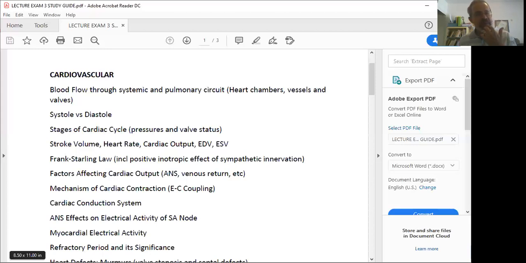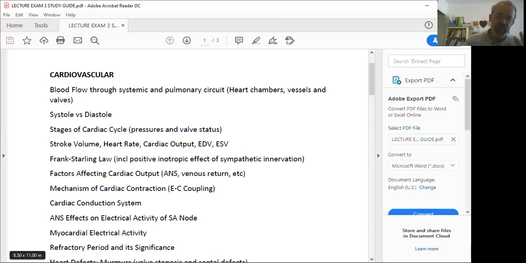I mentioned the pacemaker cells, which start the contraction of the heart. This is a part of a much larger group called the cardiac conduction system. You should know the parts of it and the order in which they're activated. The SA node, obviously, internodal pathway, AV node, and so on.